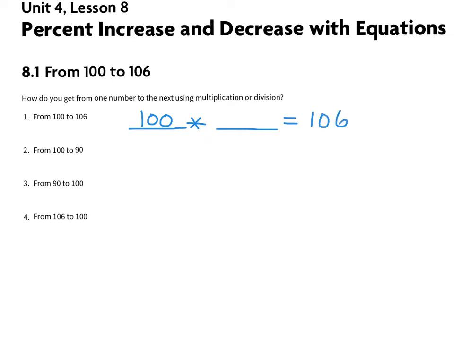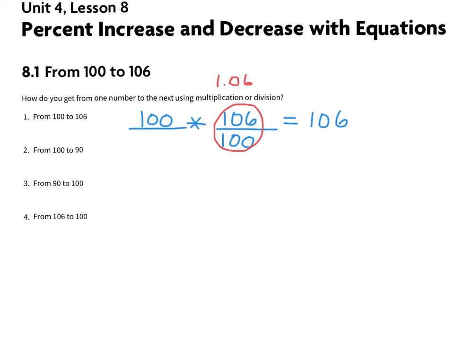I need to wipe out that 100, so I'm going to put it in the denominator of the fraction and then multiply by 106. Another way to say that is I could take that 100 and multiply it by 106 over 100, or as a decimal, that's 1.06.